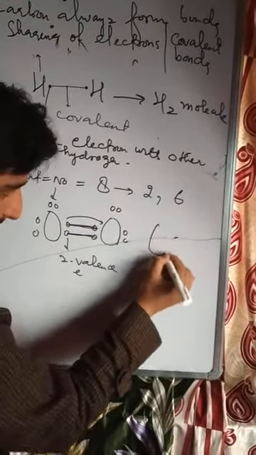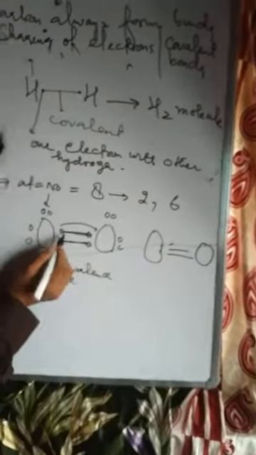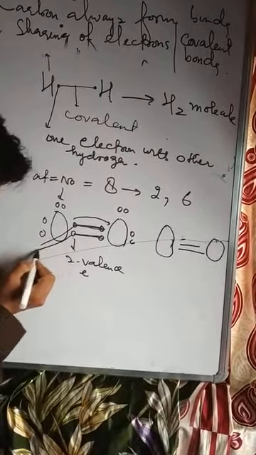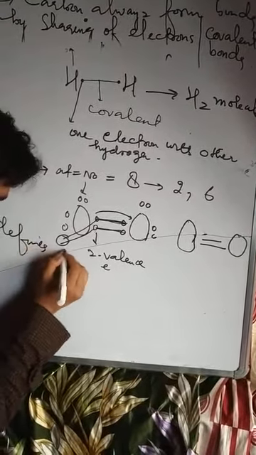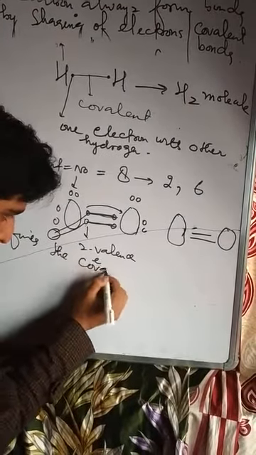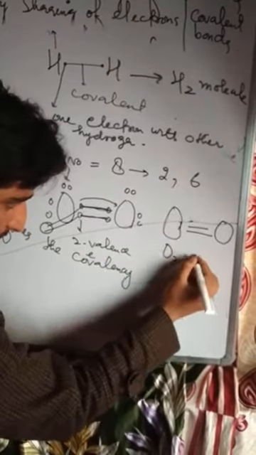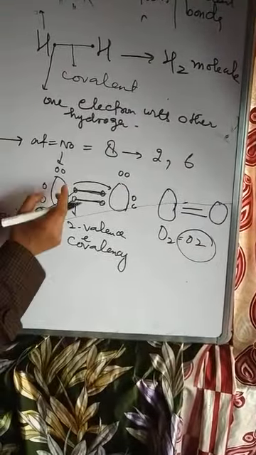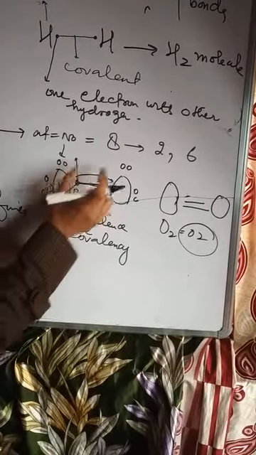That is, oxygen always forms double bond with another oxygen by sharing 2 of its electrons, and these 2 shared electrons define the covalency of the oxygen. So the covalency of oxygen is 2. Because I told you people that covalency is actually the number of shared electrons with other atom.